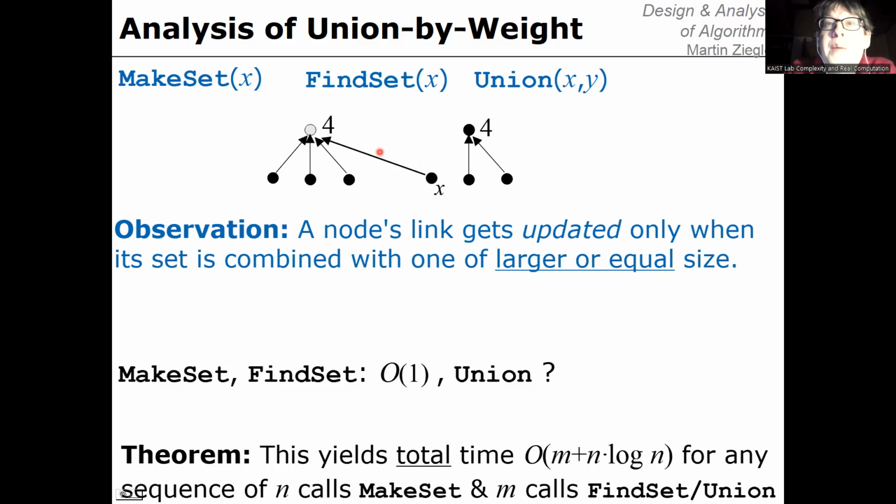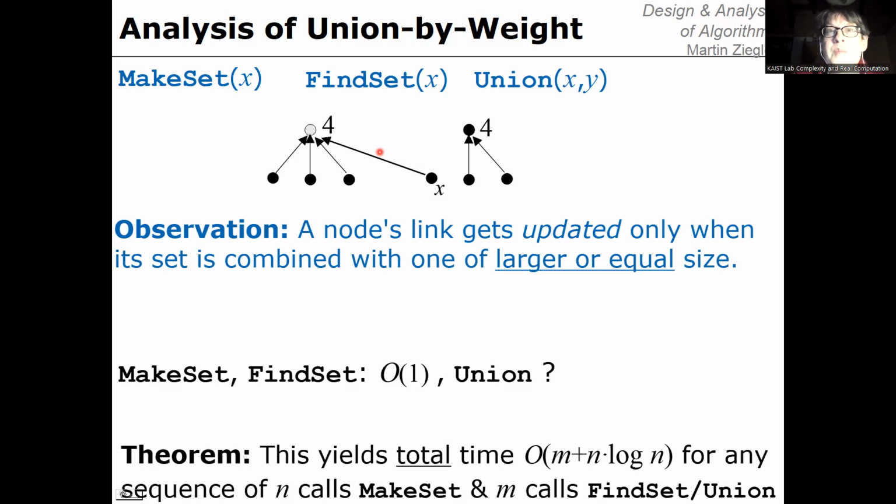And for the pointer to get updated a third time, that means there's a set of 8 times the size. So whenever the pointer gets updated, the size of the set it belongs to gets doubled.